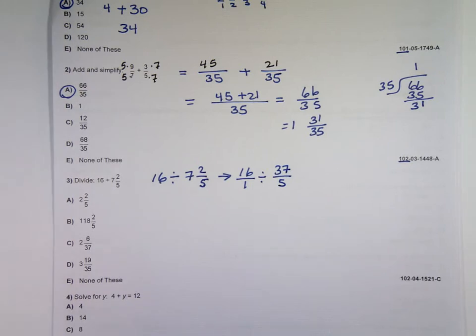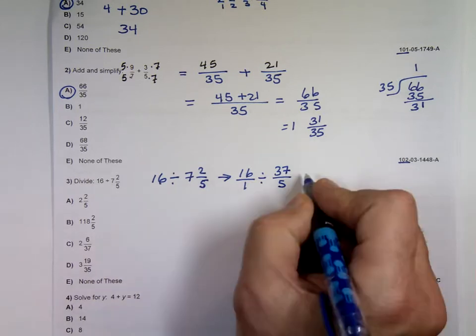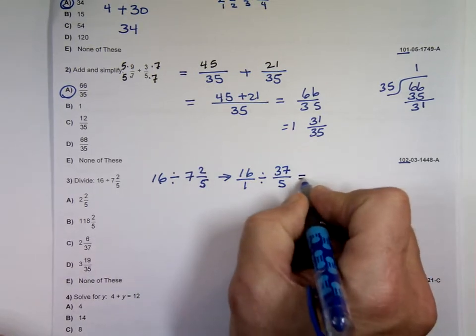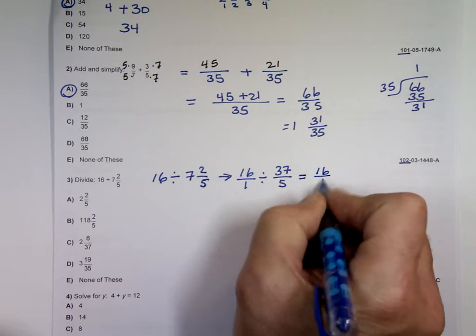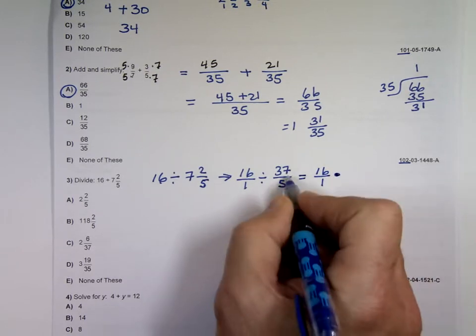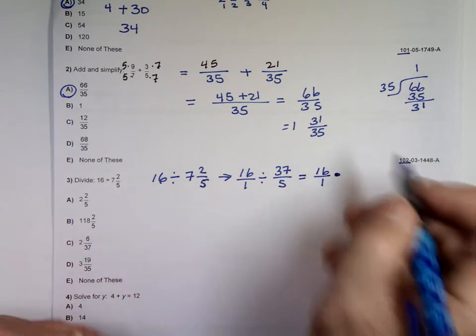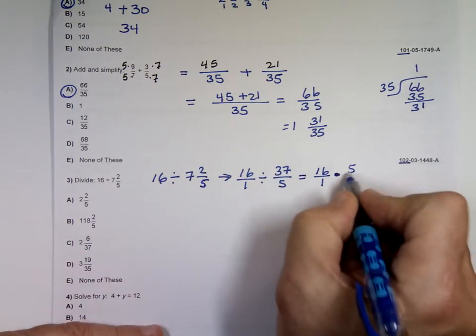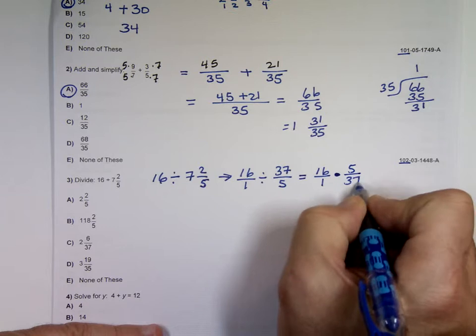And if you remember how we do division, it is keep, change, change. Keep the first one, change the division to multiplication, and change this one. Flip it. 5 over 37.